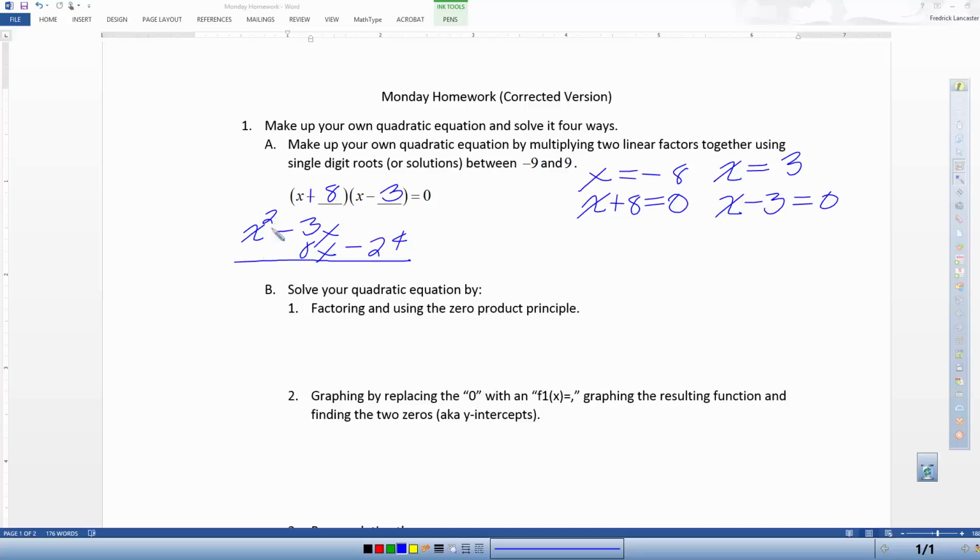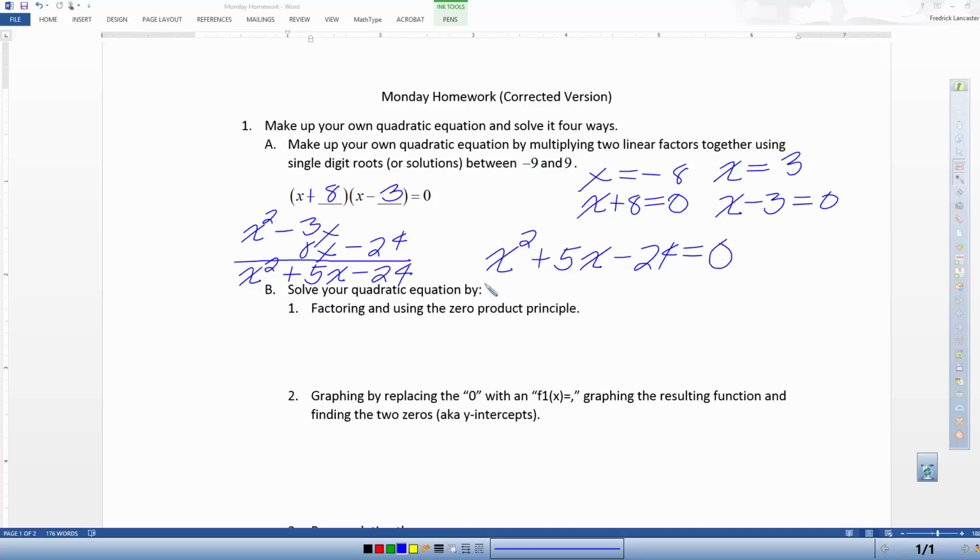So if you add the two rows, you'll get x squared plus 5x minus 24. So the quadratic equation I've just made up is x squared plus 5x minus 24 equals 0.